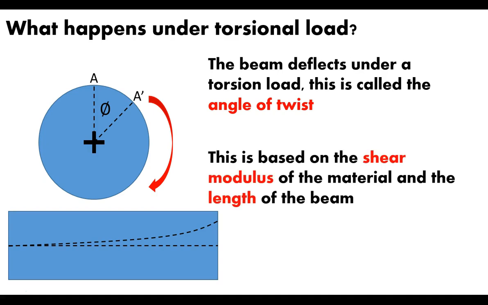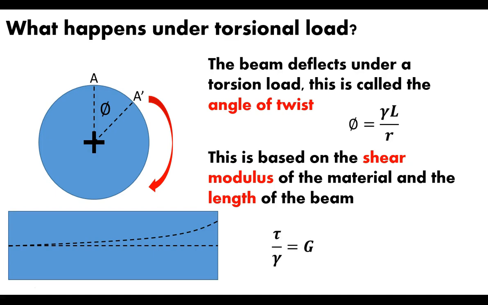And the nature of that deformation is going to be based on the shear modulus of the material, which is just a ratio of stress over strain, analogous to the Young's modulus, and the length of the beam. So as you can see, the longer the beam, the more likely you're going to get some sort of twist, versus a short stubby beam, where you're going to have a little more resistance.